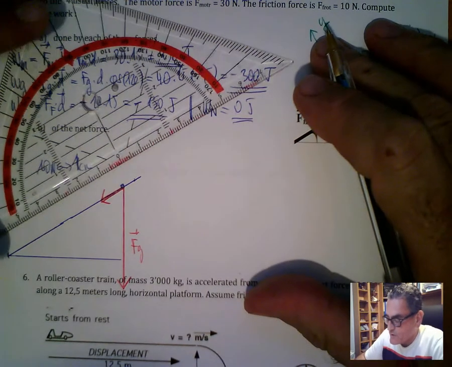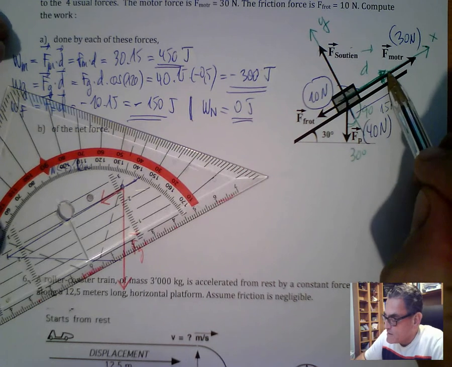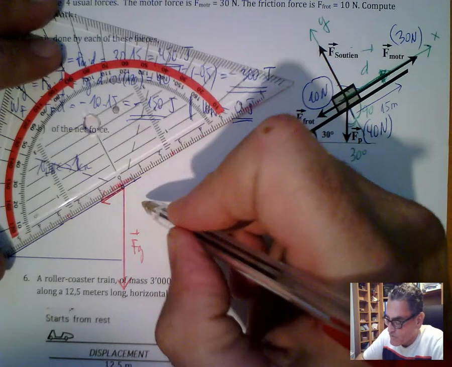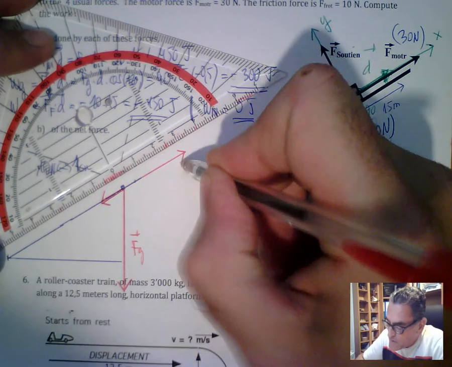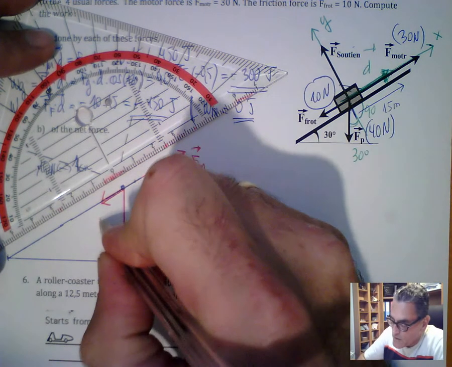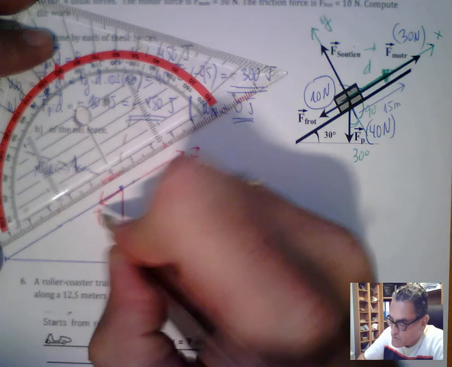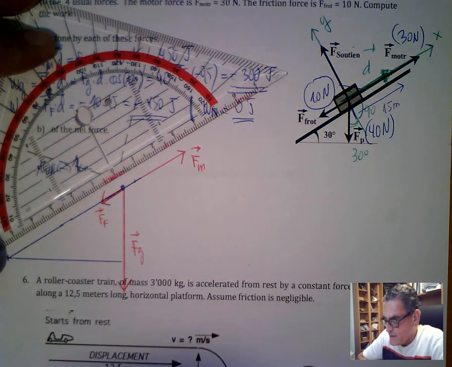And then what do we have? We have the motor force, which is 30 newtons. 30 newtons is therefore 3 centimeters here. This is the motor force, and this is the friction force. Good.